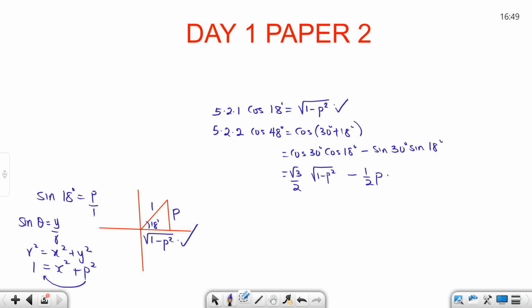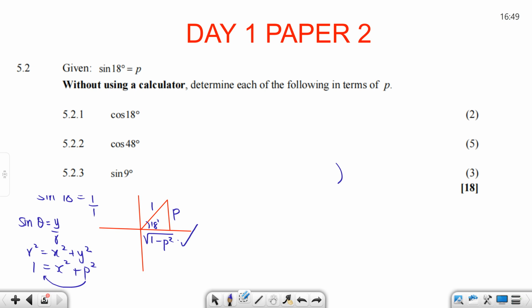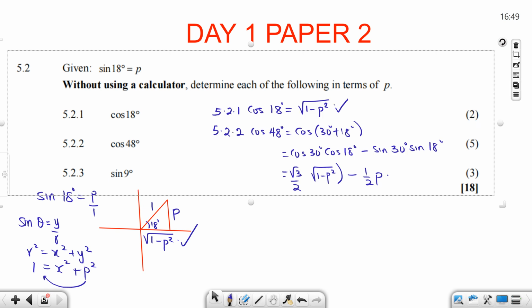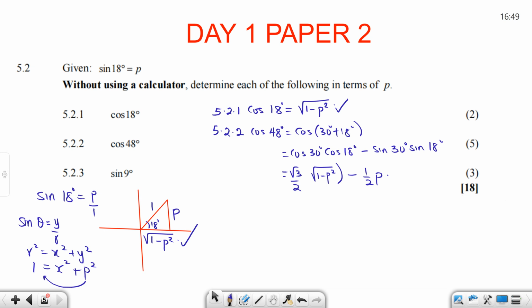You could actually leave your answer like that. There is no more simplification needed. But we can factorize if you want to show off maths. What's common? 1 over 2 is common. What do you have? Root 3.